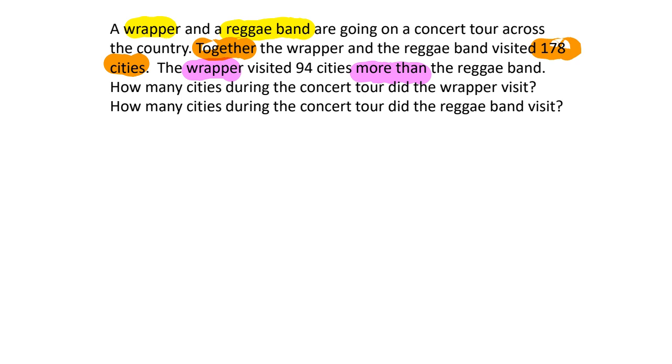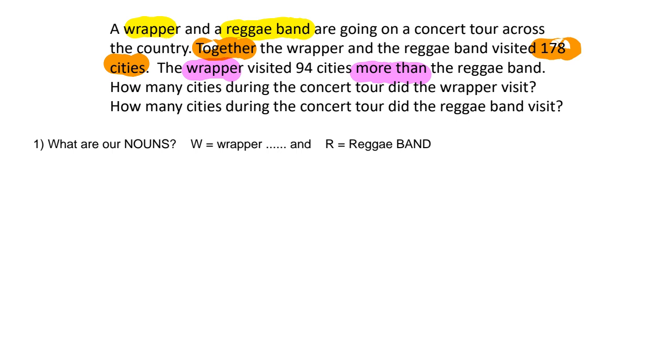W is equal to the rapper, and R is equal to the reggae band. Notice how I'm using the first letter of each noun. Reggae, rapper.